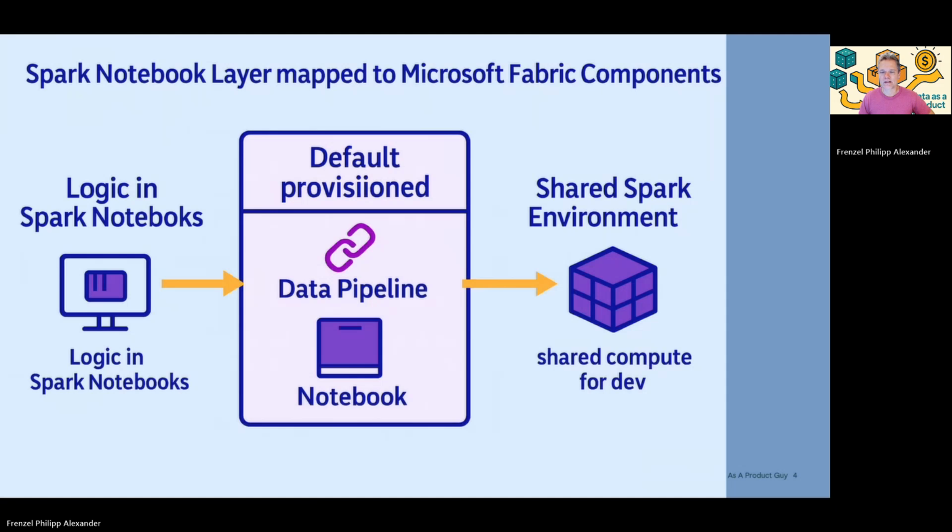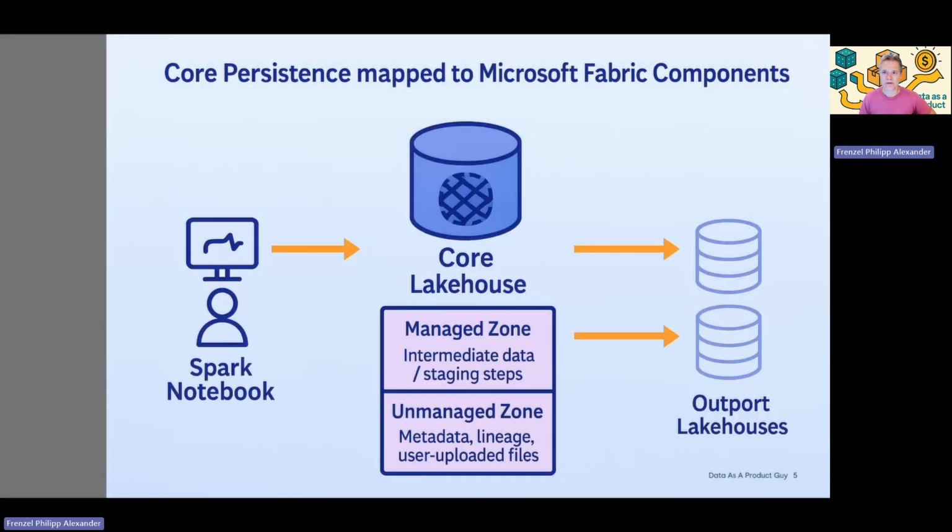So let's go one step further, to the core persistence, which is mapped to a lakehouse within Fabric. Here we use the managed zone for data that you stage before you can finally put it into an output port, or for data where you build historical data over time.